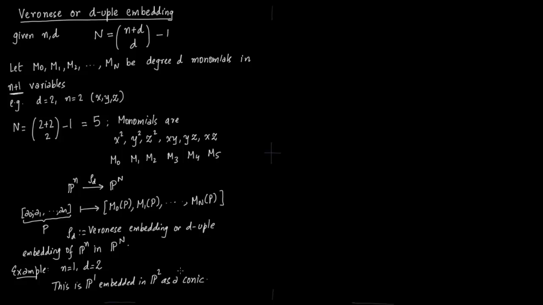Now we talk about a rational normal curve. So rational normal curve is nothing but P1 going into PD. So this image will be called the rational normal curve.